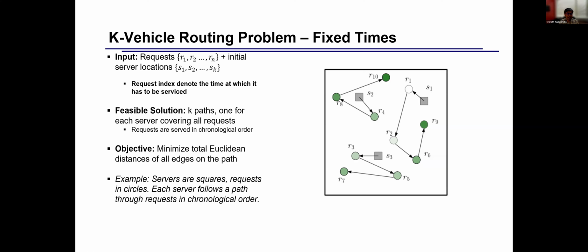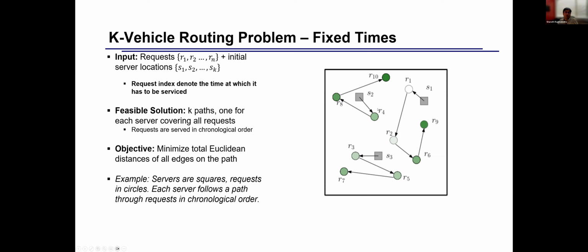Just to make this more concrete, you can think of school buses. Let's say S1, S2, S3 are 3 school buses and their initial current locations. And let's say the 10 request locations that are given are the locations from which you have to pick up kids. With each one of them, there is a pickup time associated.